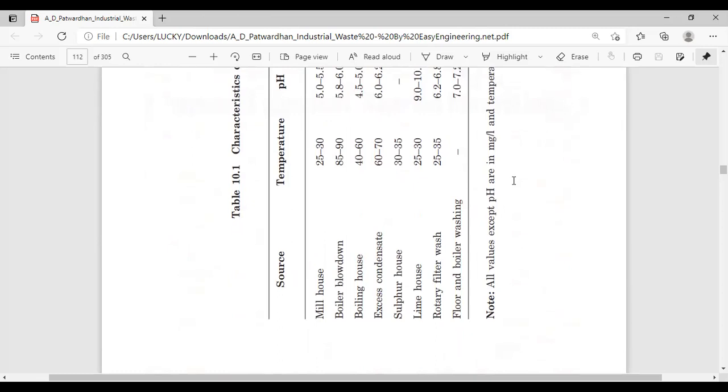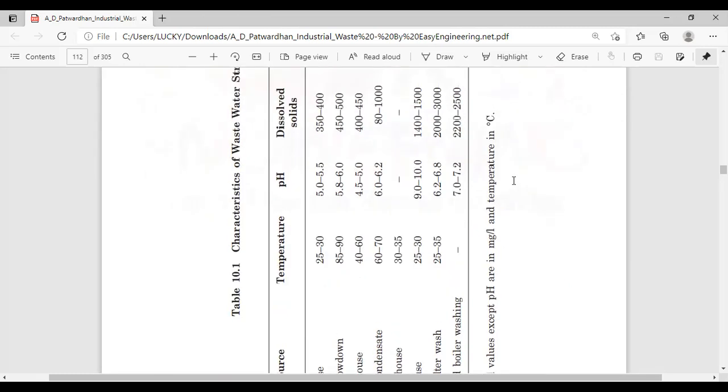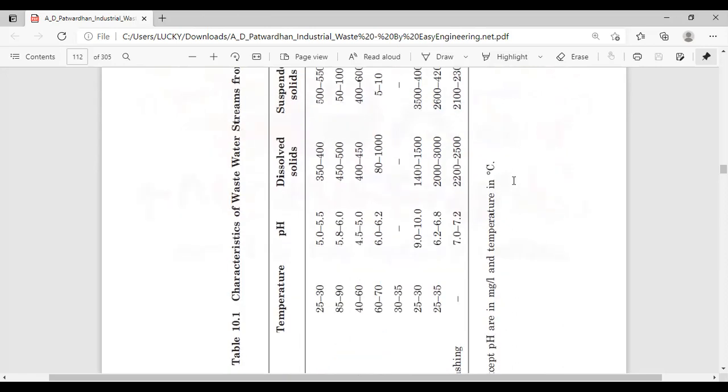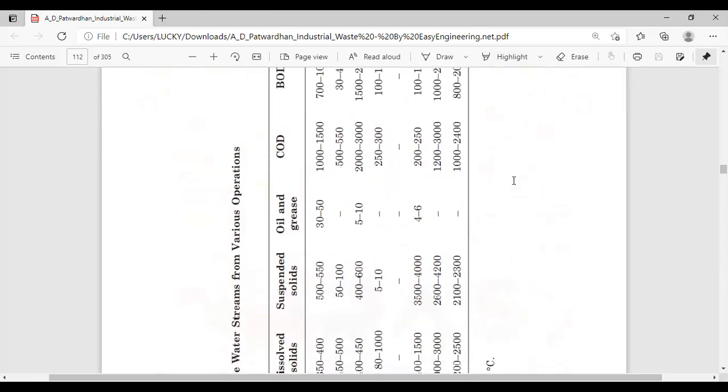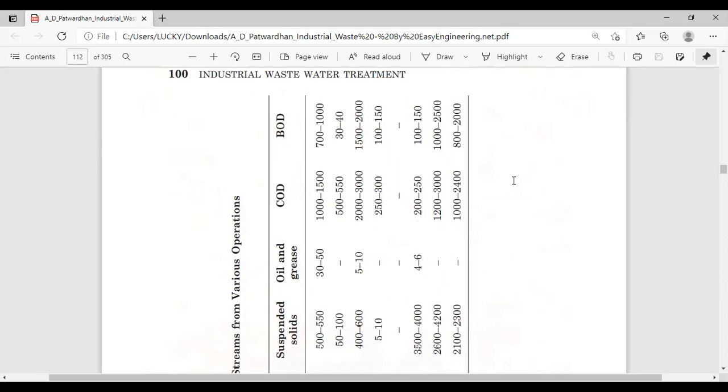And also for the boiler house. For boiler blowdown, temperature is 85 to 90, pH 5.5 to 6.0, dissolved solids 450 to 500, suspended solids 50 to 100, and COD is 500 to 550, BOD is 30 to 40.